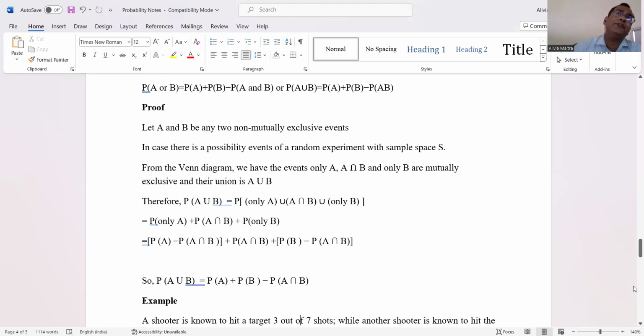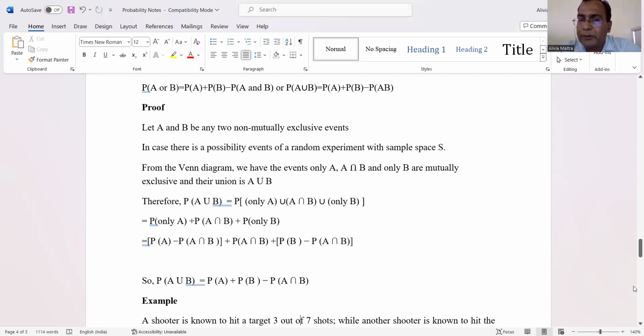Independent events means those events which do not affect each other. So in the present case, only event A, the event A intersection B, and the event only B are independent. And by the law of independent events, their probabilities in the case of union will be the simple addition of their individual probabilities.